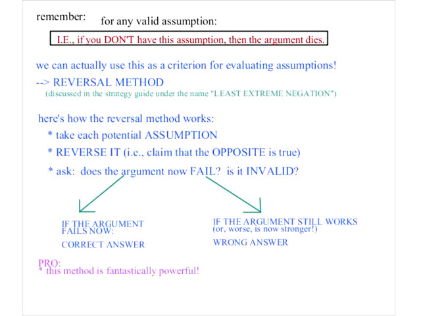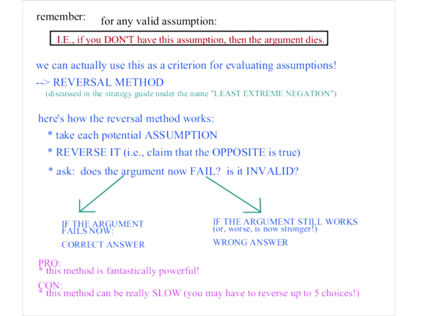This is probably the single best method you've got for tackling find-the-assumption problems. On the other hand, this method can be really slow, because you may have to reverse up to 5 choices.